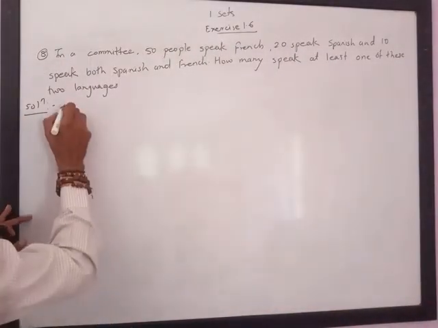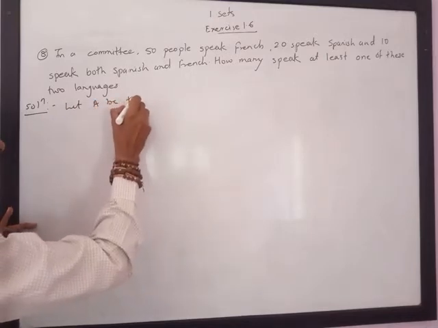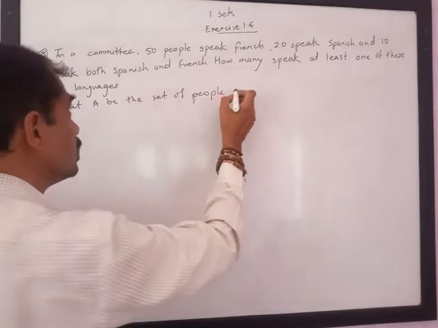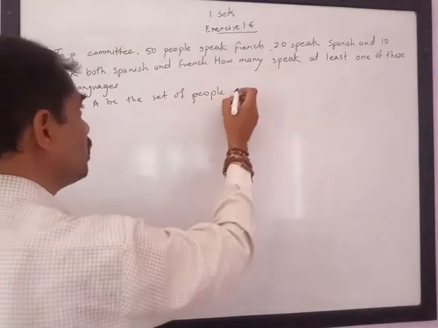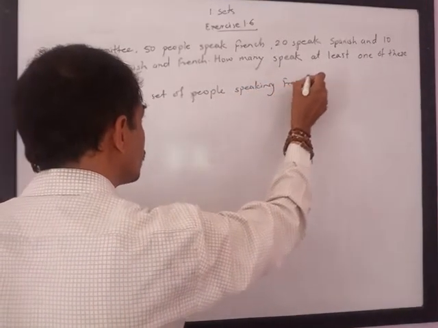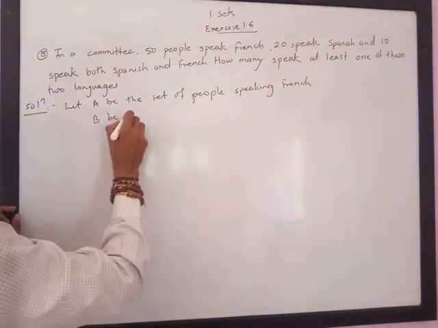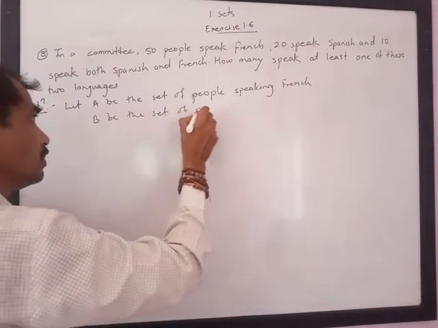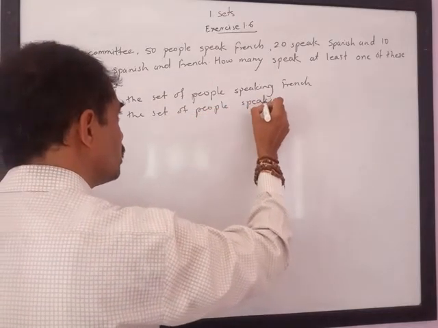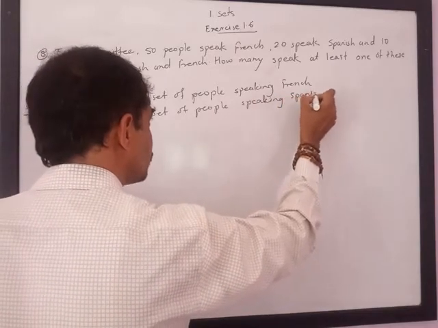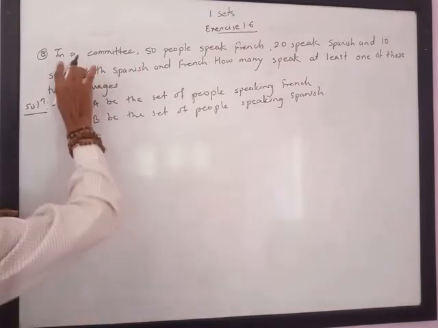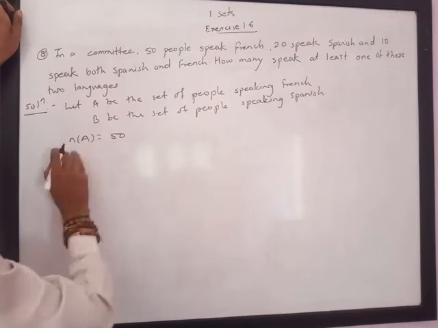Let A be the set of people speaking French, B be the set of people speaking Spanish, and it means we are given number of elements in A set are 50, 50 people speak French, so number of elements in A set is 50.